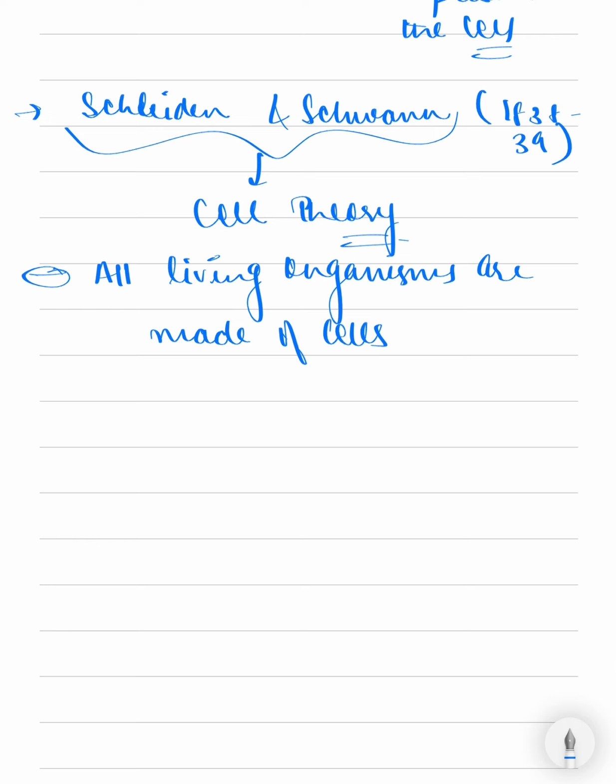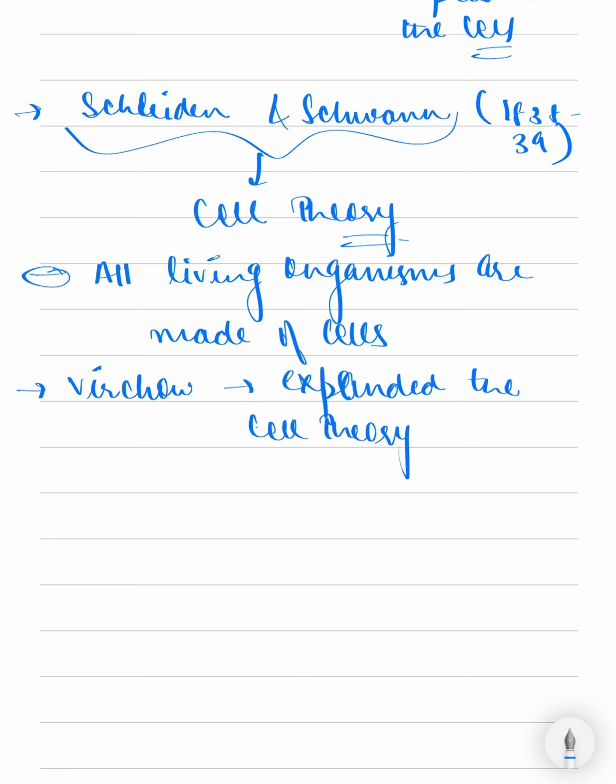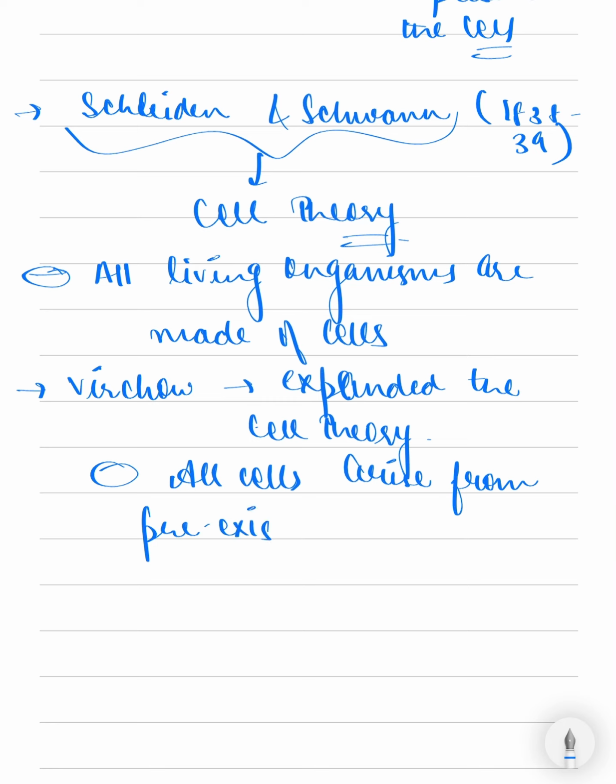Now there is one more scientist, which is Virchow. He expanded the cell theory and added one more point: he said that all cells arise from pre-existing cells.